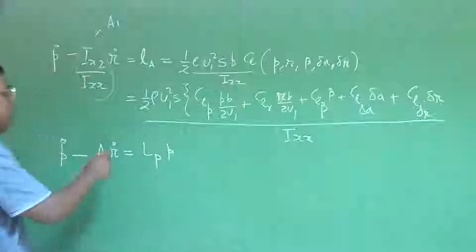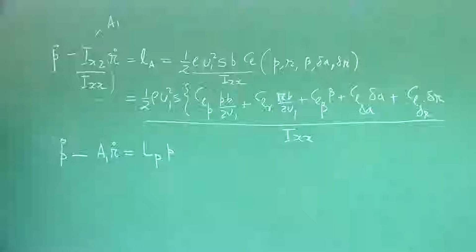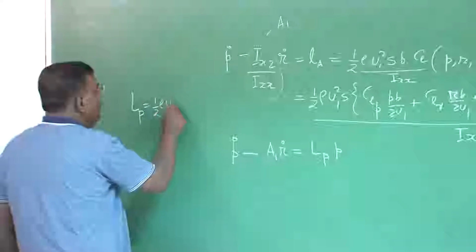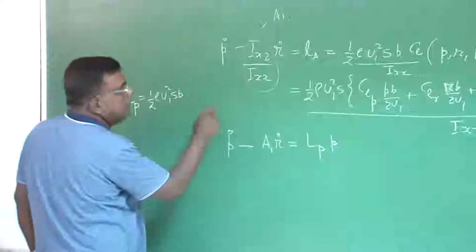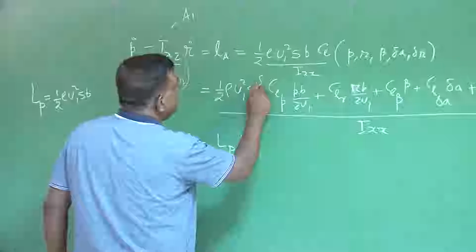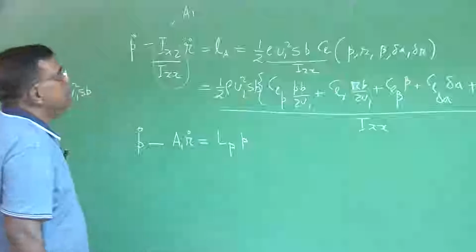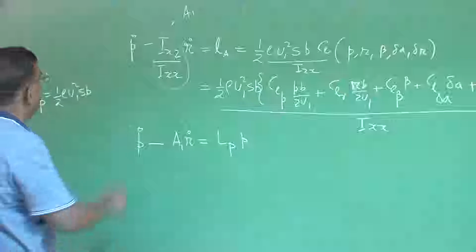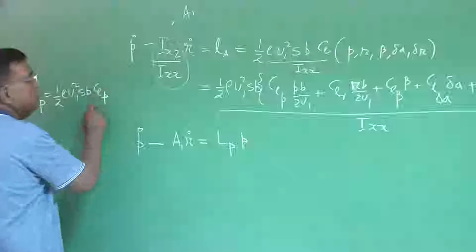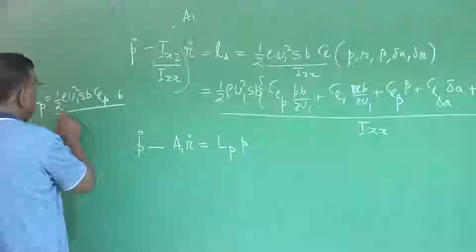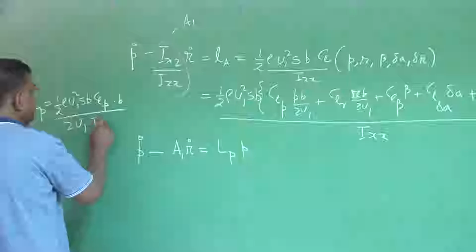So, what is LP? From here you can easily see LP is nothing but half rho u1 square S B. Here B will come, B is missing, okay. This B is here, so this B should be here, half rho u1 square S B into CLP, right, into B by 2 u1 Ixx.